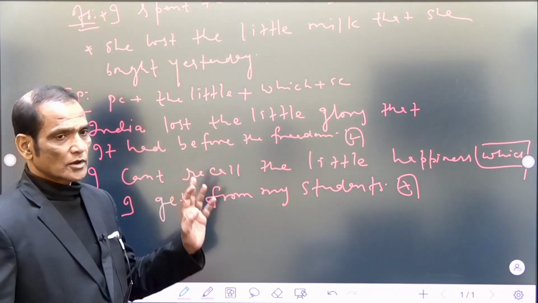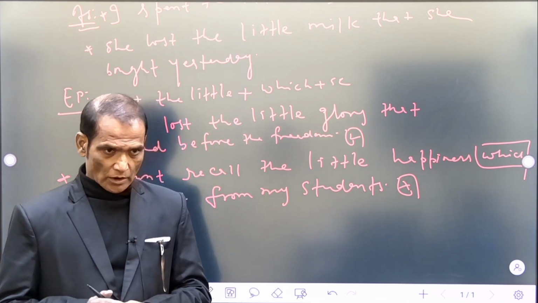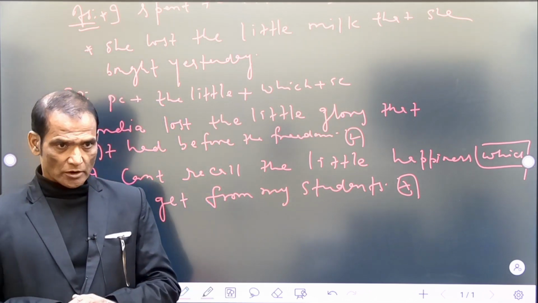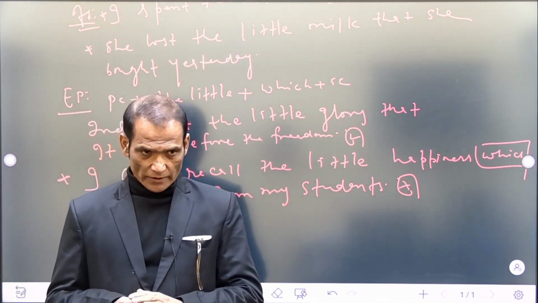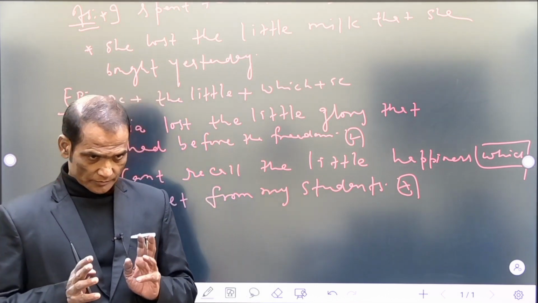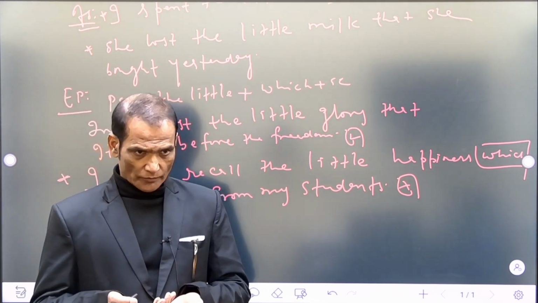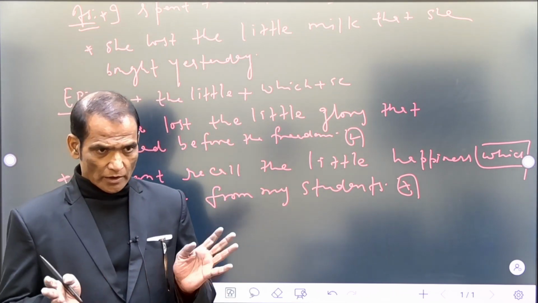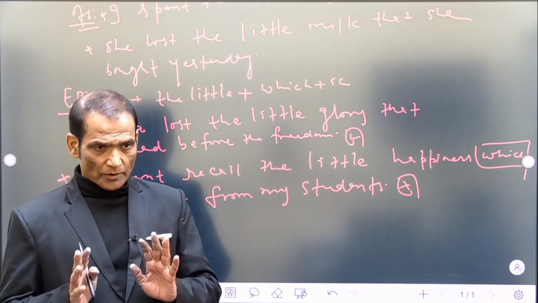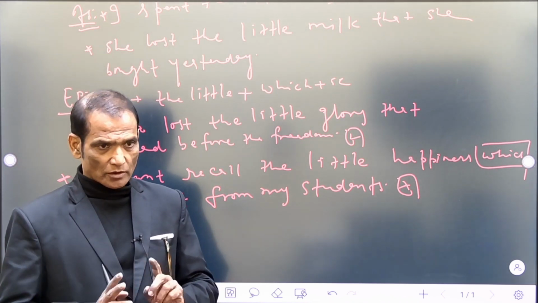And in case of the little, the same thing you have to follow. Your noun should be uncountable, but your subordinate clause should be started with that, not any other word like which, what, and so on. There should be only that. And if you find everything that goes against this concept, there is error.